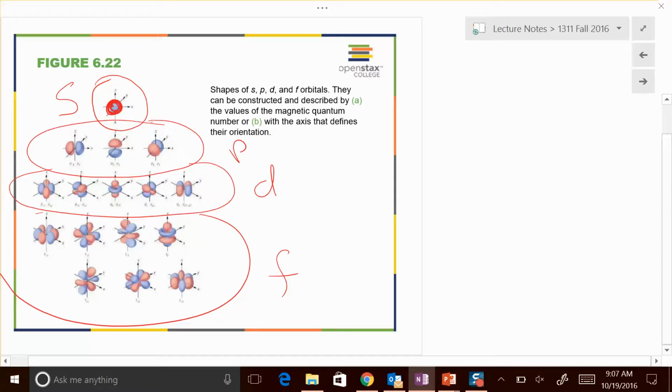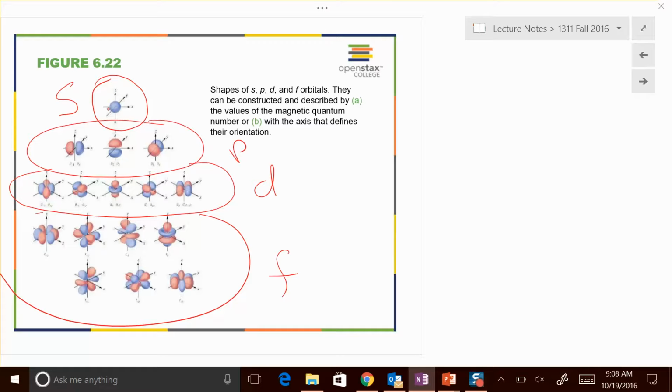You see how that's a sphere? That's how you're going to orbit the nucleus. You're going to create a sphere around it, filling up that space. Essentially, you could be found anywhere in that spherical space.